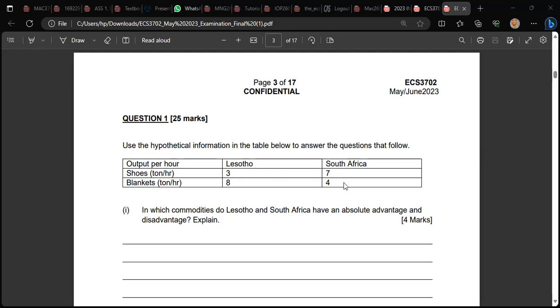This is because in an hour's time, Lesotho can produce 8 blankets and 3 shoes, and South Africa can produce 7 shoes and 4 blankets, which means Lesotho can produce more blankets, and South Africa can produce more shoes.